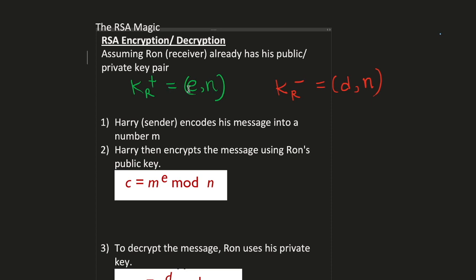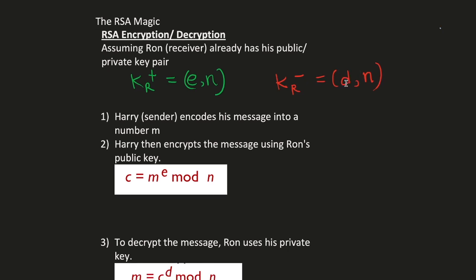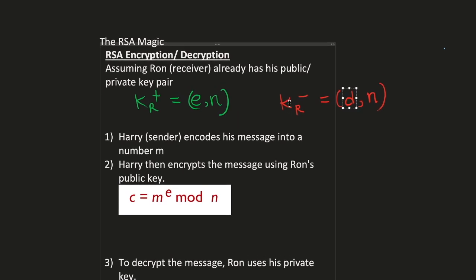KR plus constitutes two integers, e comma n, where e is the public key exponent, and KR minus is represented by integers d comma n, where d is the private key exponent. So e and n everybody knows, and d is something that Ron keeps to himself.